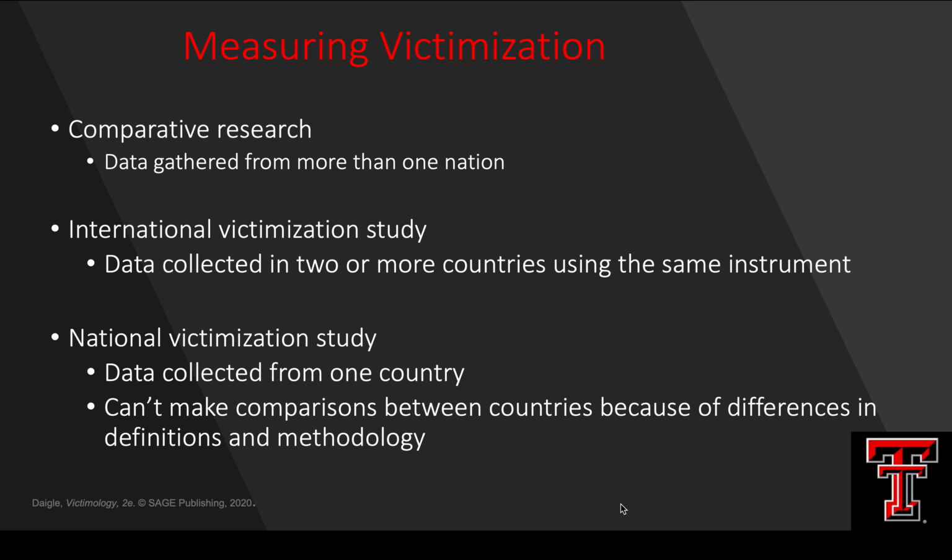Different countries have different criminal codes, different things are considered a crime, different things constitute victimization. So it's very difficult to measure exactly the extent of crime and victimization between countries. Also, the methodology is different for each of these national studies, so it's very difficult to make comparisons this way.